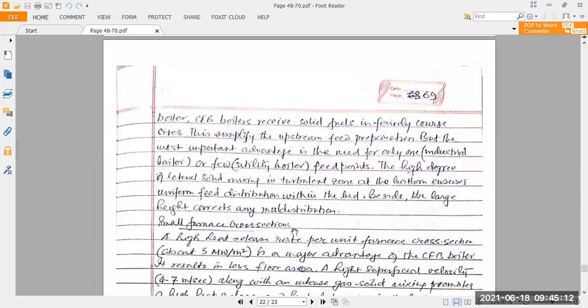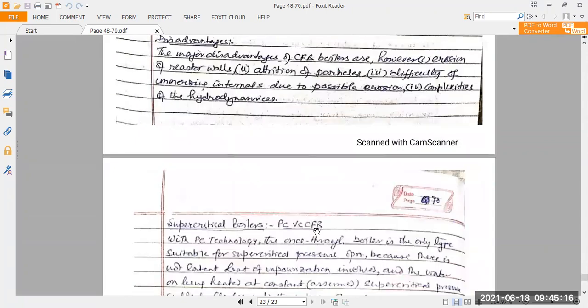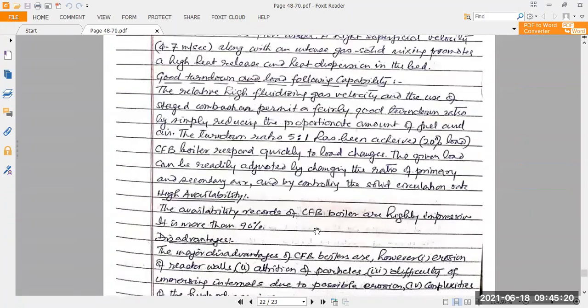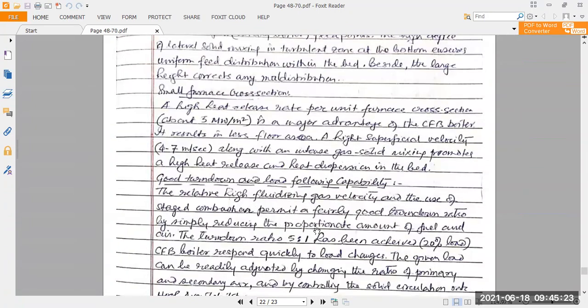small furnace cross section. A high heat release rate per unit furnace cross section, about 5 megawatt per square meter, is a major advantage of CFB boilers.